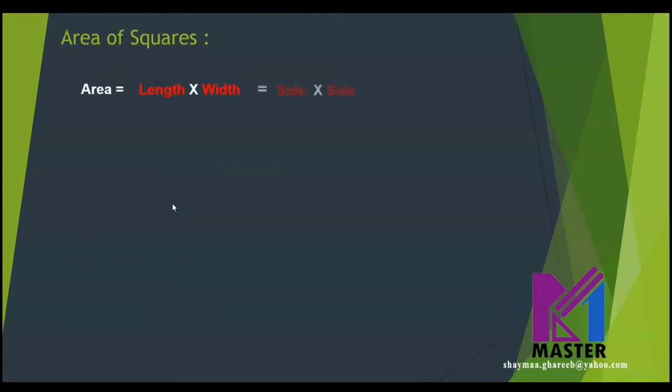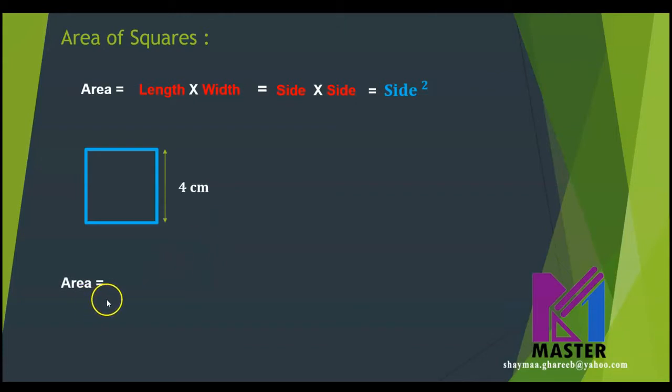We said the area equals side times side, or the side squared. So if one of the sides of the square is 4 centimeters, then the area will be 4 times 4, because all the sides are equal. The length equals the width. So 4 times 4, or 4 squared, which is 16.